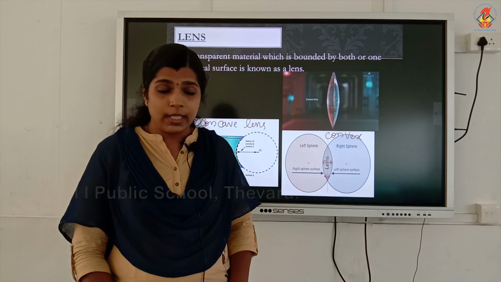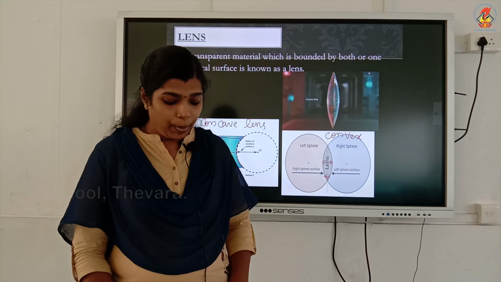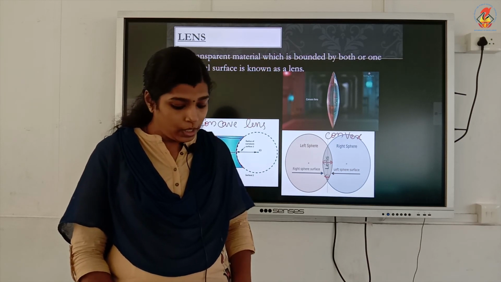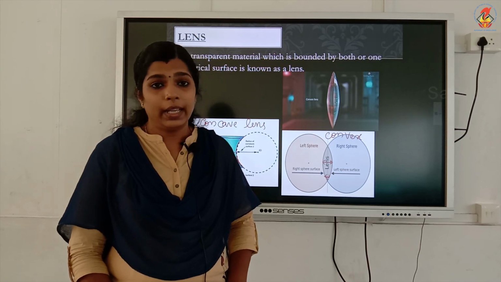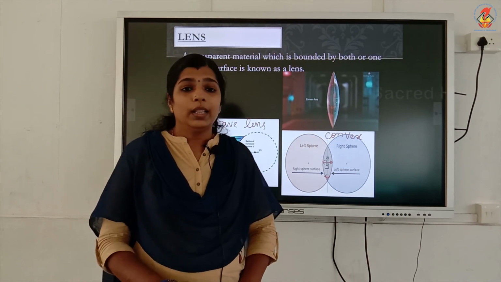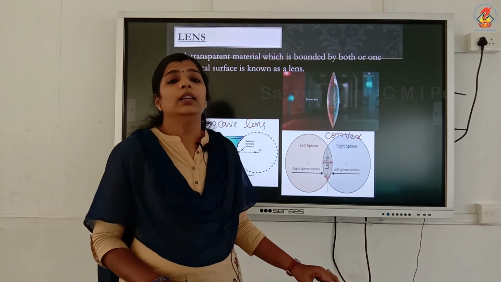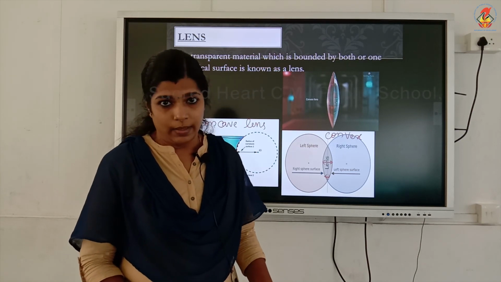Hold the lens in the same position for a few minutes, you will observe that the paper starts burning, emitting smoke at the point where the rays of the sun are falling, and a hole is formed in the paper at that spot. So, this activity explains the converging action of the convex lens.